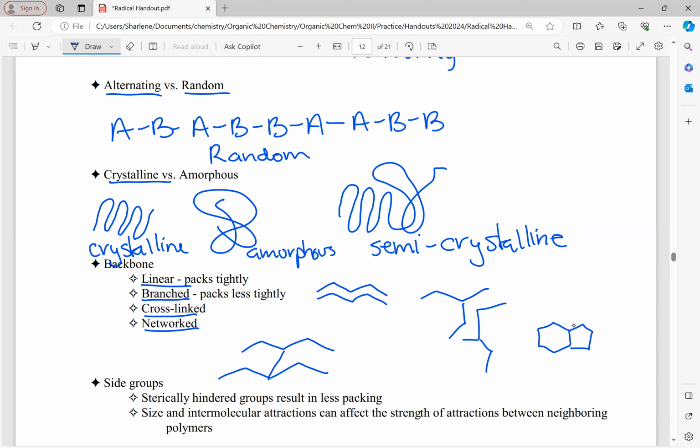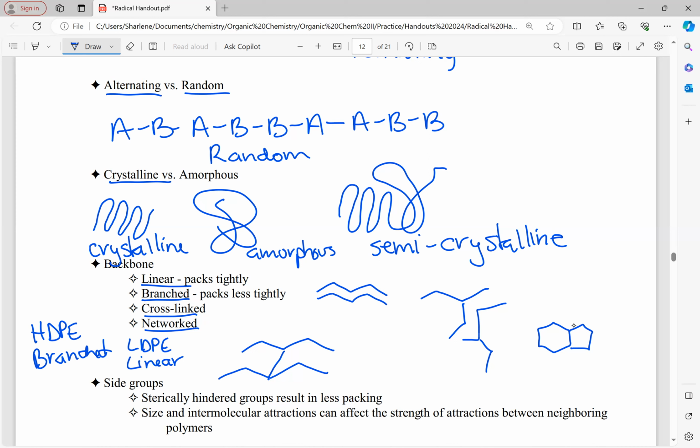And one that you are familiar with is HDPE, high density polyethylene. It's branched, so it's very flexible. And LDPE is, I'll just say linear, not branched. And so it packs much, much tighter.